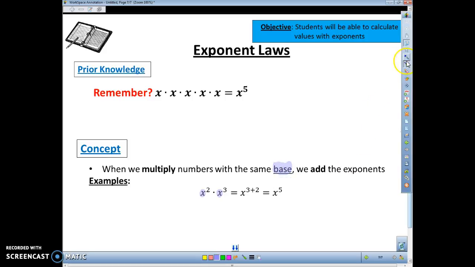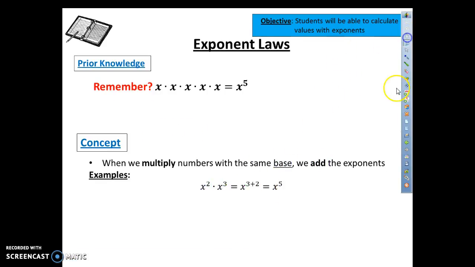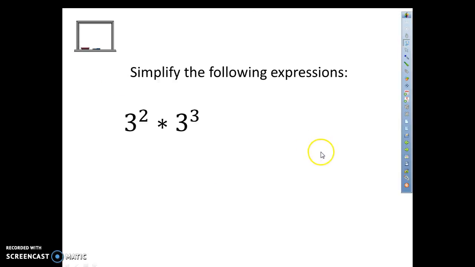So when the base is the same, we add the exponents. So notice here I have 3 plus 2, and this gives us x to the 5th. Therefore, x squared times x cubed is x to the 5th. This is the multiplication property of exponents.